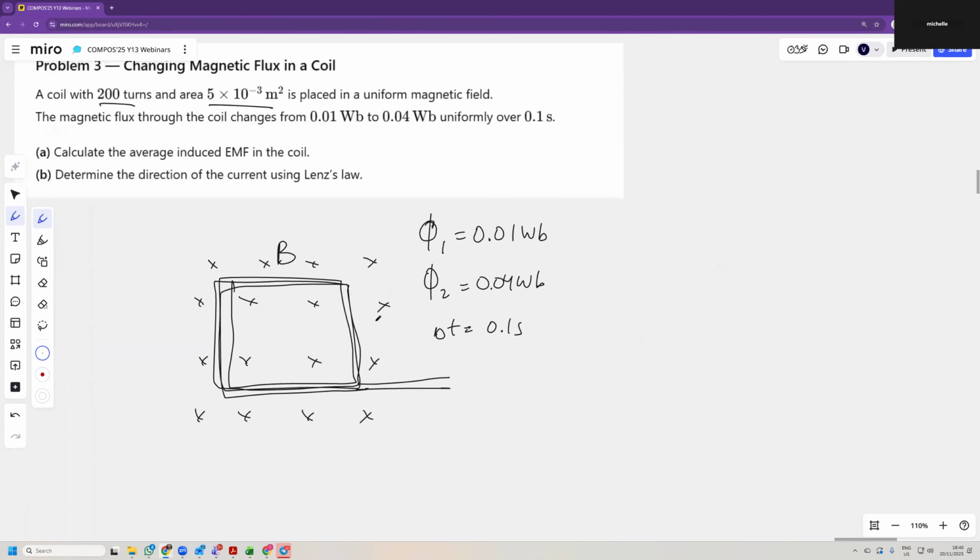Well, that's quite a straightforward question because we know that EMF is minus the change in flux over change in time, but also times N because there are N turns. So it's going to be minus 200 multiplied by the change in flux, which is 0.03 Webers, over 0.1 seconds.